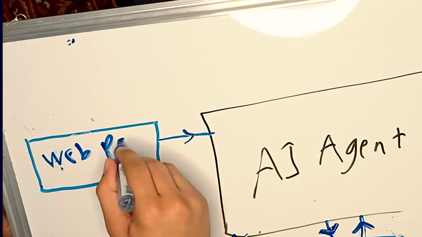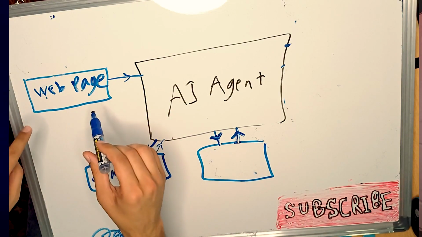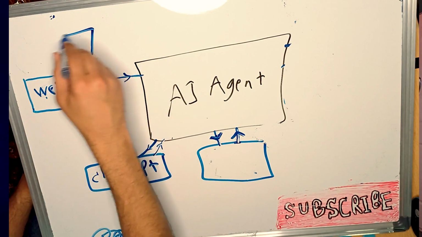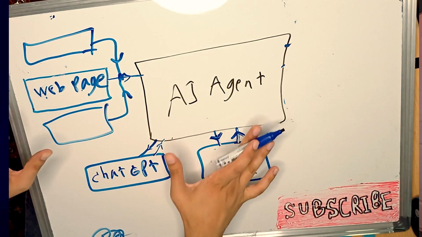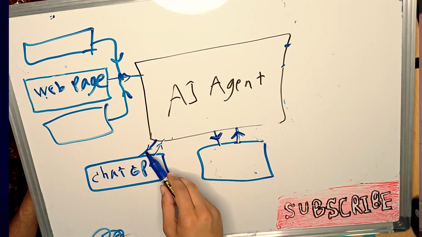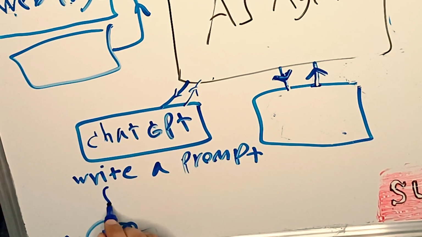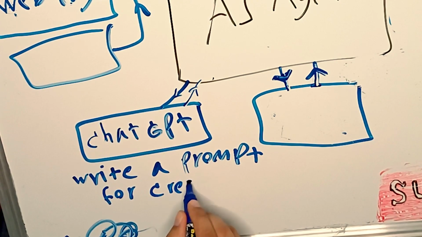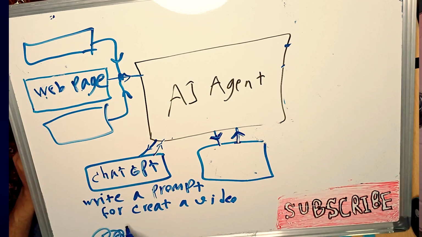You're going to ask AI to read these web pages, maybe many of them, and then based on this information, ask ChatGPT to write a prompt to create a video about this information.